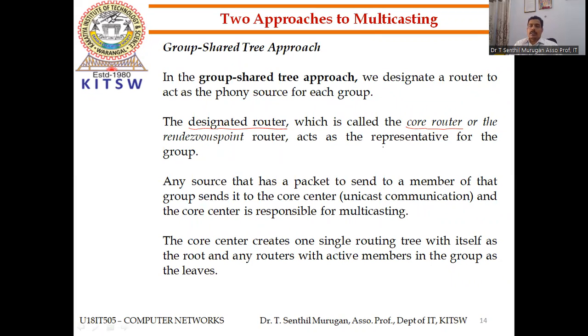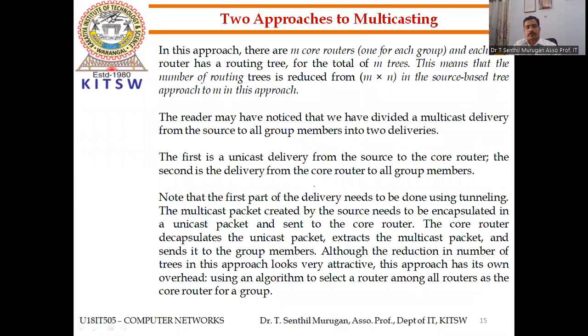These routers are considered as representatives for the group. Representative means he is the leader. Once he receives the message, he will forward it to all the members. At the same time, if any source wants to send a message, it will send to the core. Then the core will forward it to all others. This is the group shared tree approach.